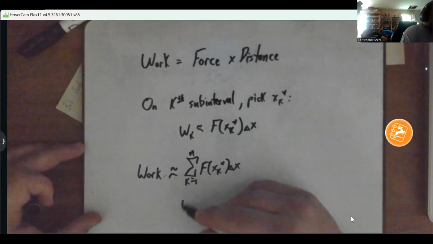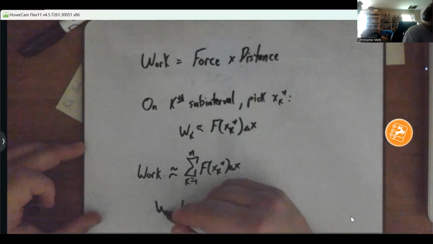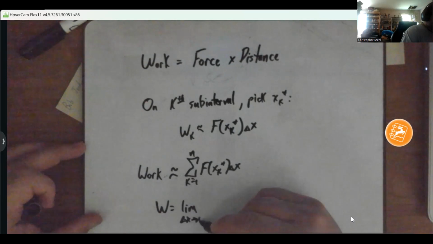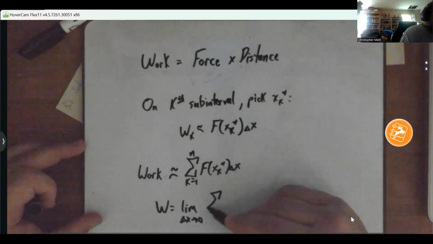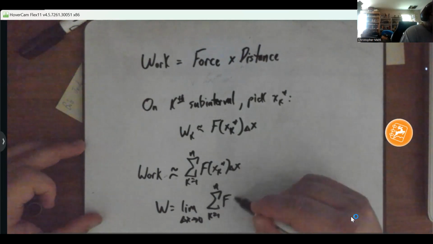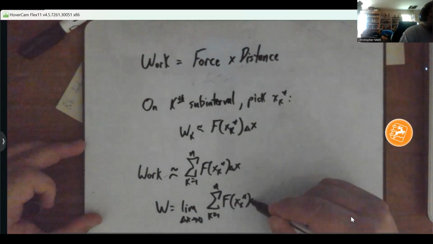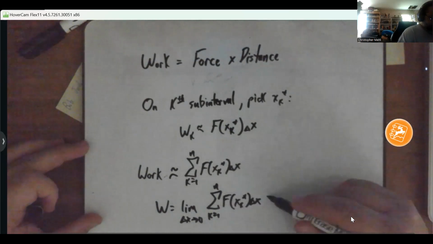And then we will take the limit as delta x goes to 0, which drives n to infinity, of course, of our sum.